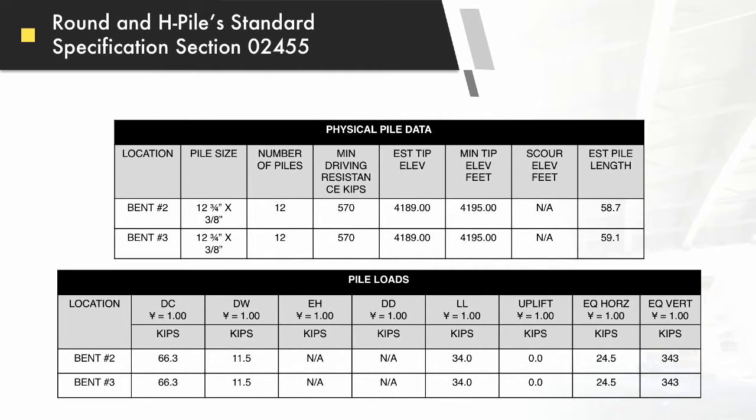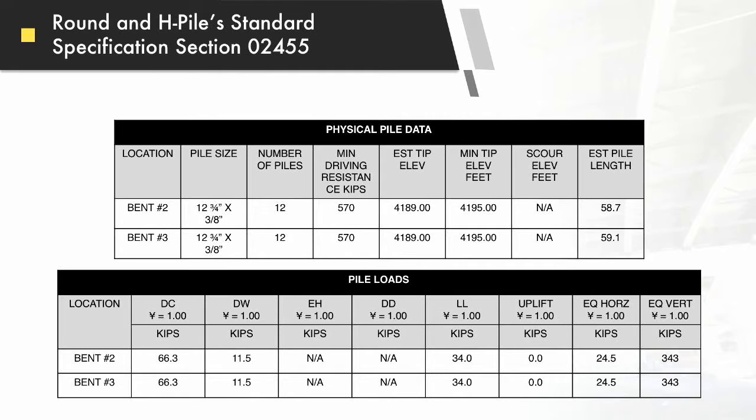In here it'll give you estimated pile length. Now that's from cutoff all the way to depth. A lot of times that's not really going to tell you how far you're driving that particular pile, especially if you're building an MSE wall around it.